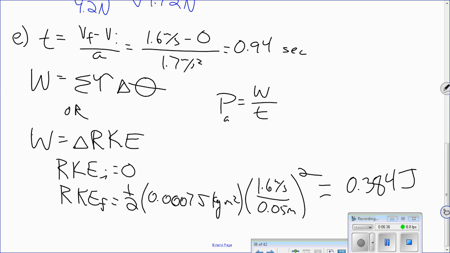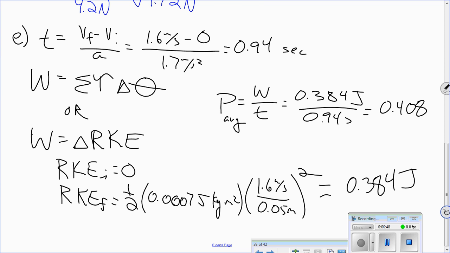I should put the average, to be specific. Our work is 0.384 joules. The time is 0.94 seconds. Divide it out, and you get 0.408. What are the units? Watts.